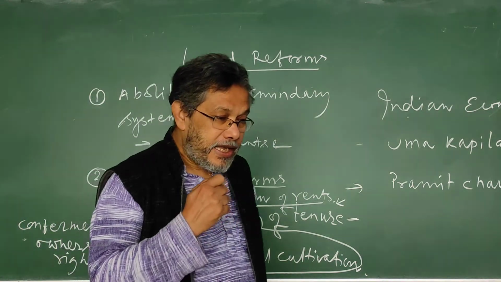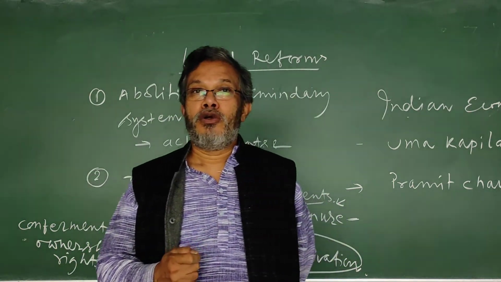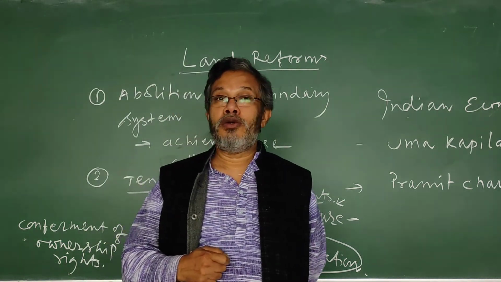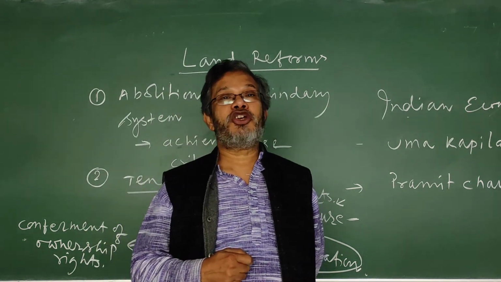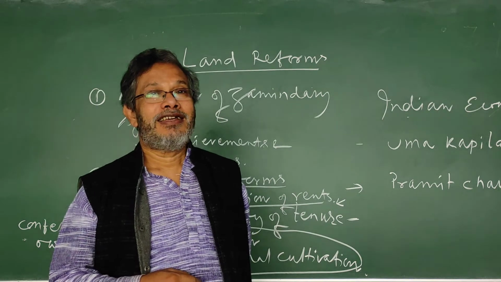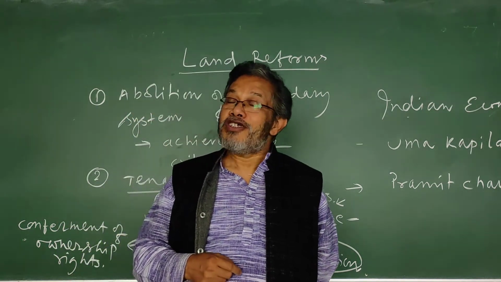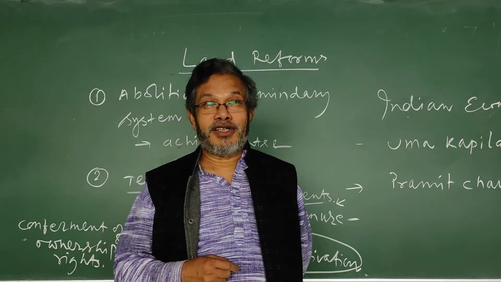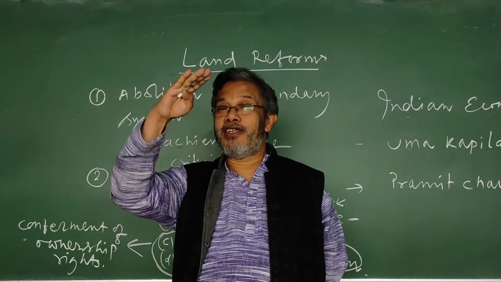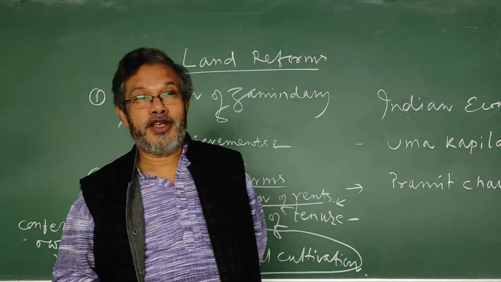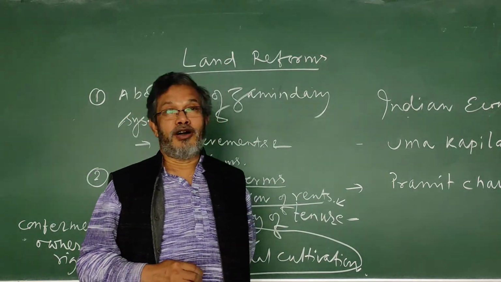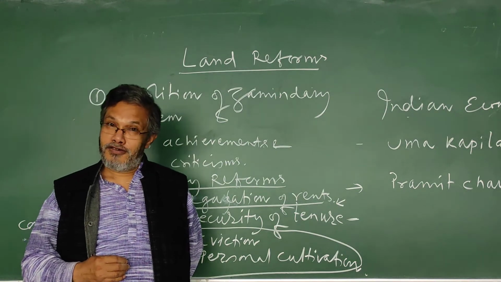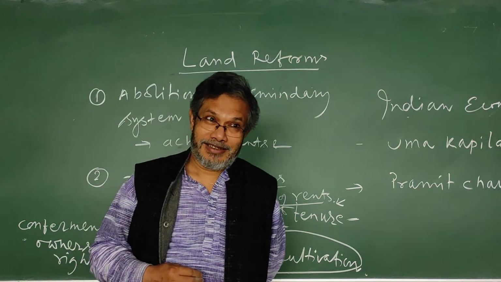meaning a landlord or owner of land cannot hold as much land as he or she wants to hold. There must be an upper limit beyond which you cannot hold. That was part of the Land Reforms Act.